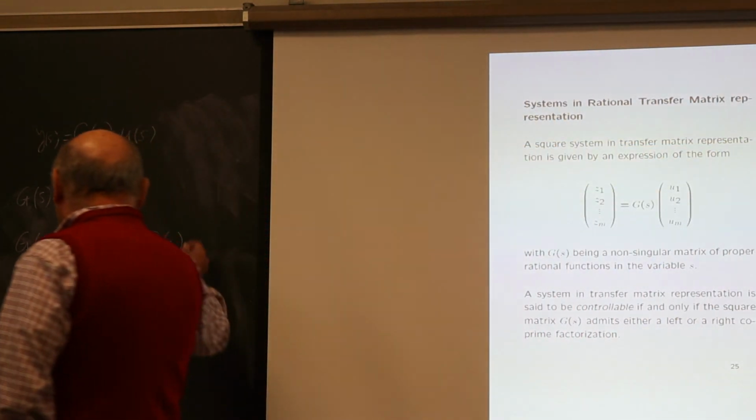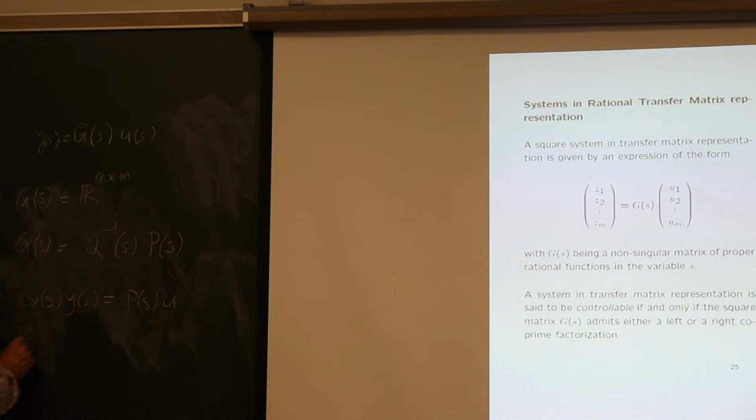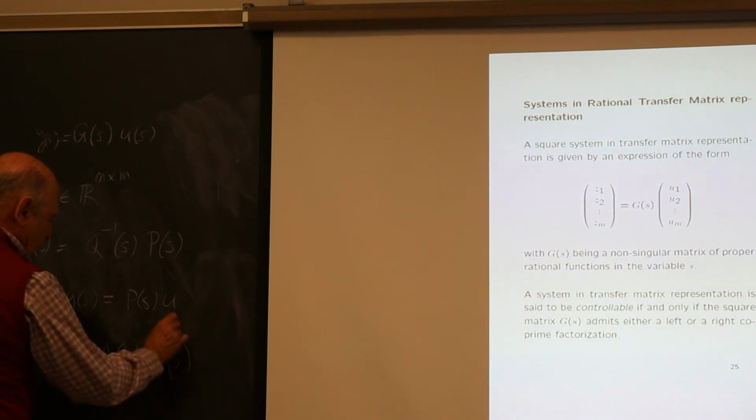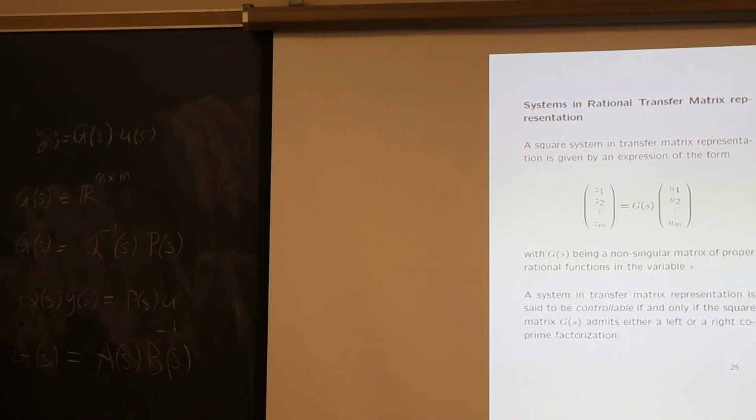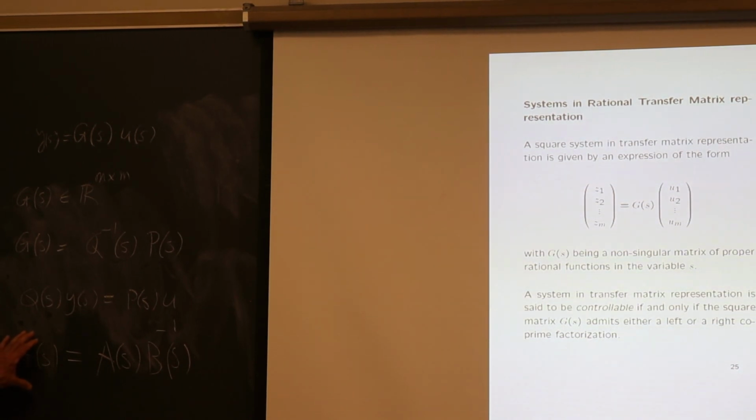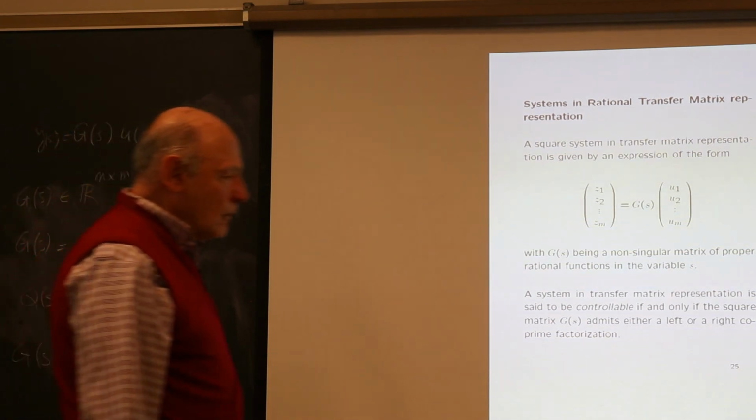This would be a left coprime factorization, or else, I believe, a right coprime factorization, in which you have the representation in terms of polynomial matrices. B is a polynomial matrix and A is a polynomial matrix. G is a matrix of rational transfer functions. The inverse of B will produce the denominators that, multiplied by A, will give you the transfer matrix representation.